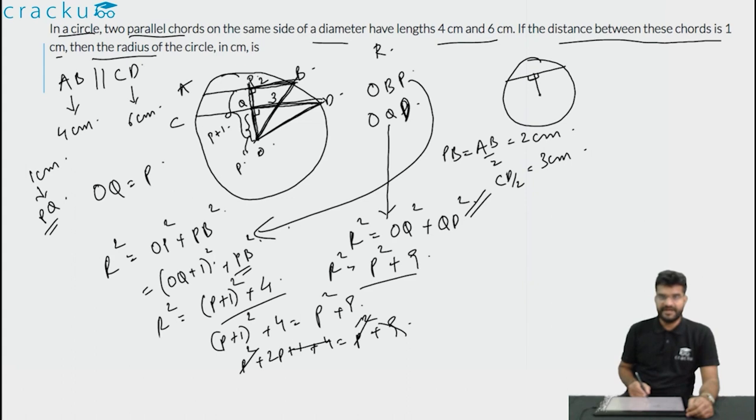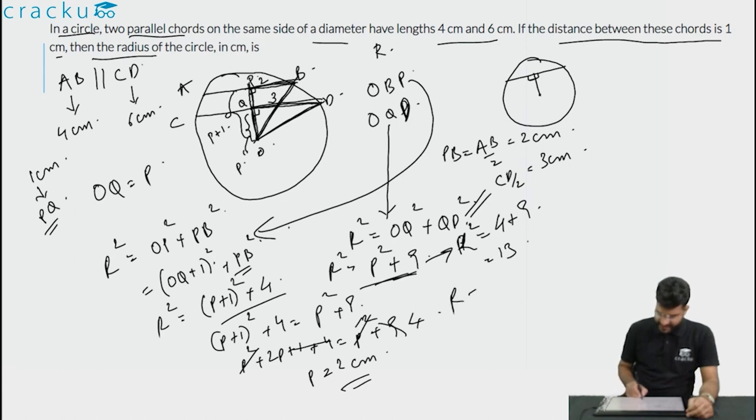So if you subtract 5 from 9, this will become 4. So p is equal to 2 centimeters. Therefore R square is equal to p square plus 9, p is 2, so this will be 4 plus 9, which is equal to 13. So the value of R is equal to square root of 13.